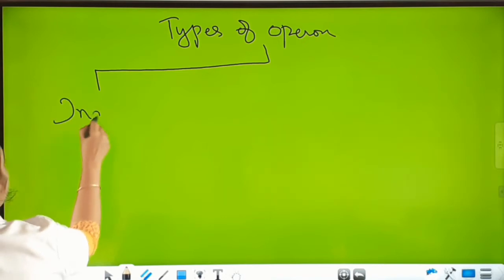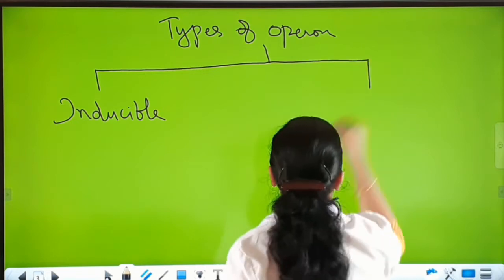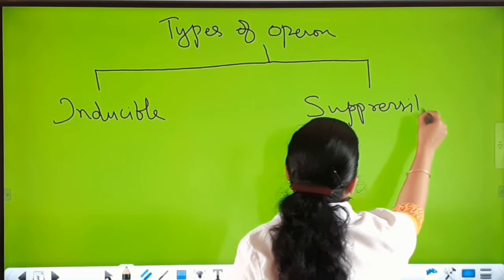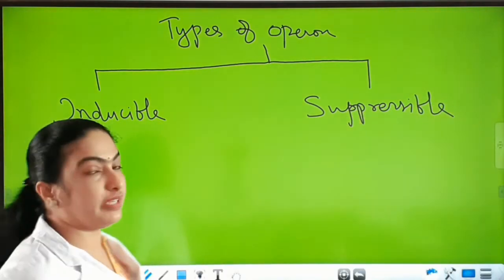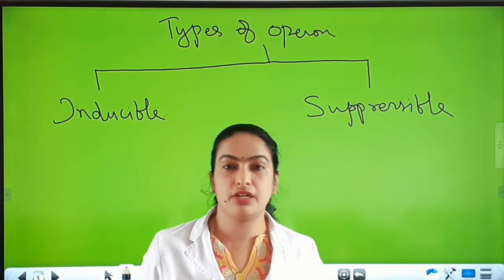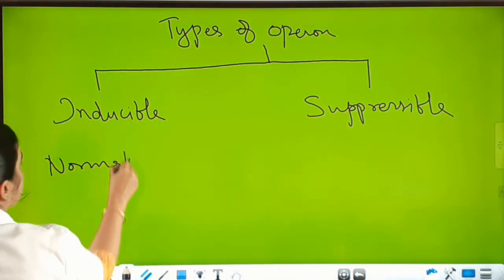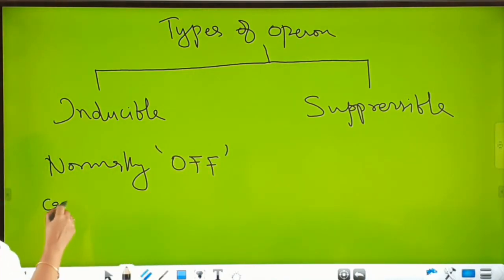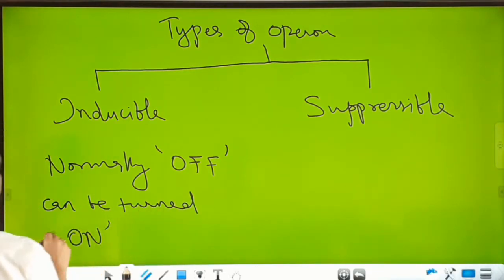They are the inducible operon and the suppressible operon. The inducible operon is normally in off mode and can be turned on.